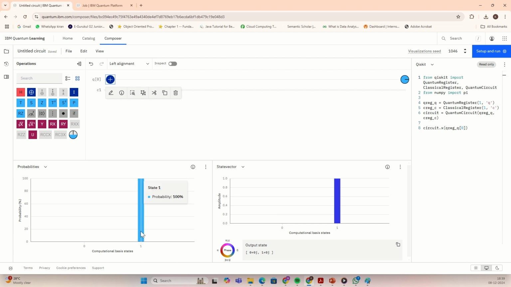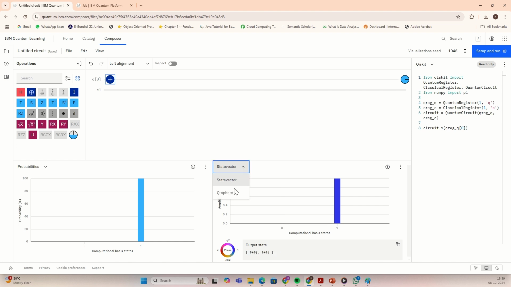The expected output is |1>. So you can see I am getting the output as |1>. Here also I am getting the output values as 0 plus 0j, comma, 1 plus 0j. It is the matrix form of [0 1], and [0 1] is denoted by |1>, right? So here I am getting the output as 1. I hope you have understood how the Pauli X gate works.